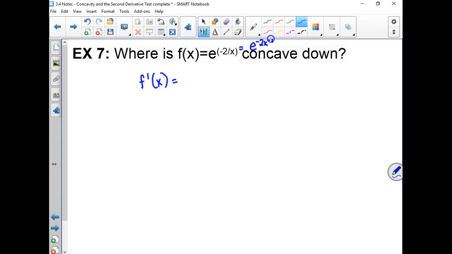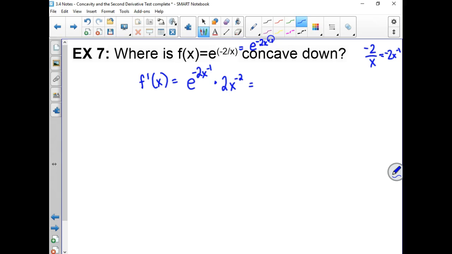Because when we have negative 2 over x, we can move that to the top and have negative 2x to negative 1. So the derivative of e to the negative 2x to the negative 1 is e to the negative 2x to the negative 1. But then we must multiply by the derivative of the exponent, which is going to give us positive 2x to the negative 2.